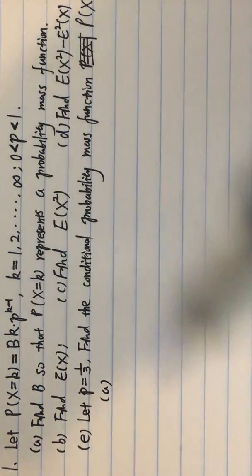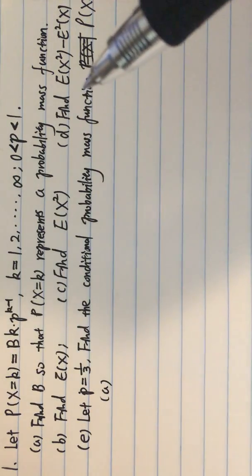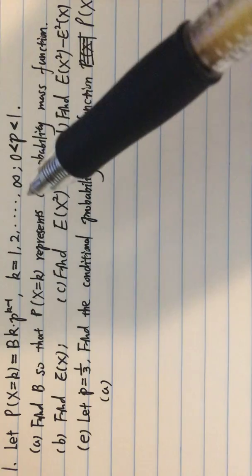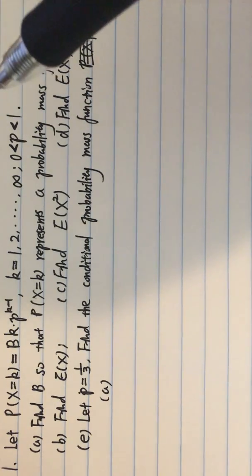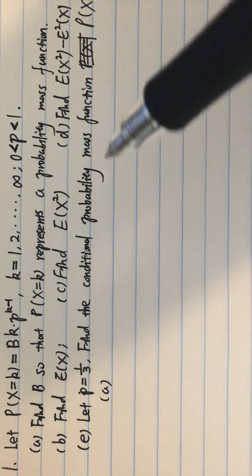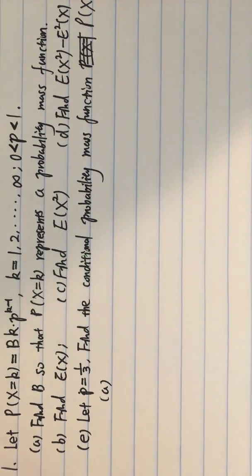From the definition of the probability mass function, we know that the sum of the probability of X equals k, from k equals 1 to infinity, should be 1.